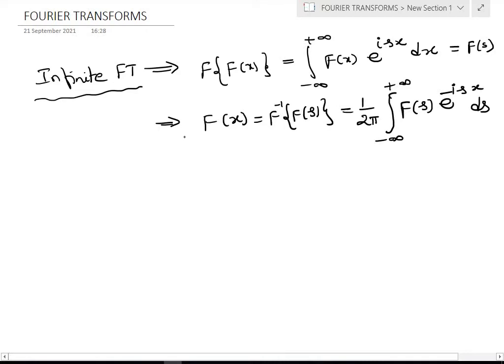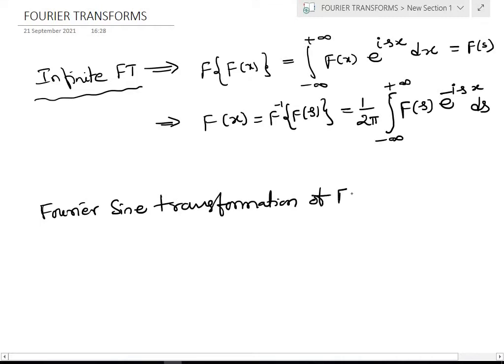Now I'll define the Fourier sine transformation of f of x.